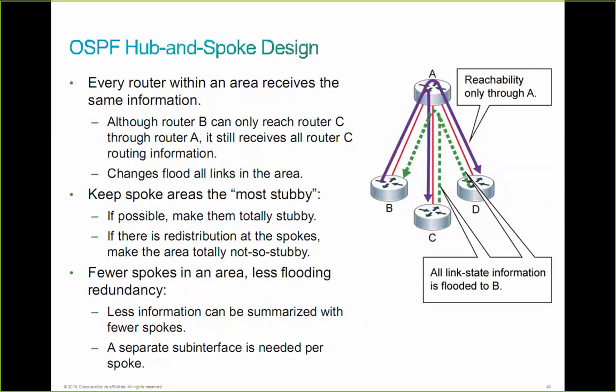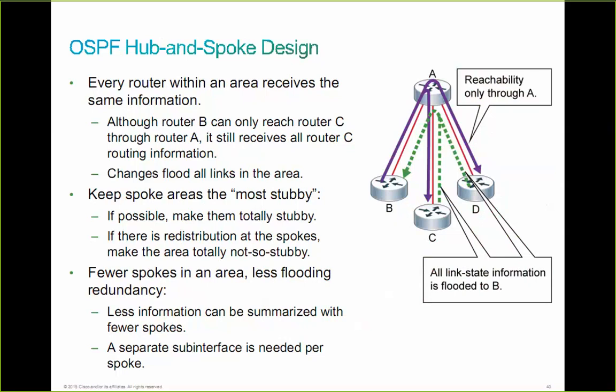All right. Now, a stub area or not so stubby area, I'll explain the difference of the two in a minute here, but a stub area is an area that allows summary routes to be inserted, but does not allow external routes to be inserted. And a totally stubby area doesn't allow anything to be inserted.